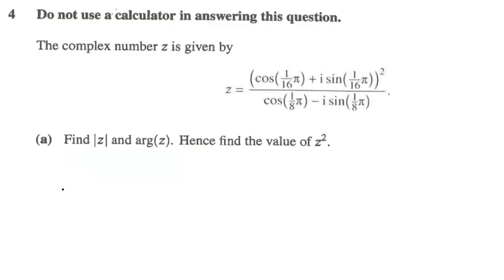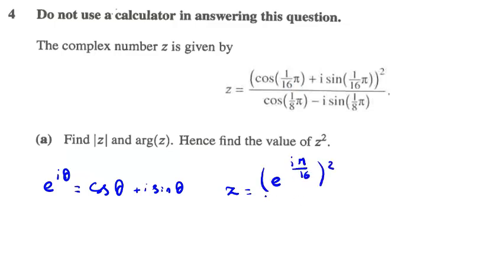So we know e to the i theta, let me show with blue, e to the i theta equals cos theta plus i sine theta. This is an important formula if you want to use that here. Theta is what? Pi over 16. So it will be e to the power of i pi over 16 squared.